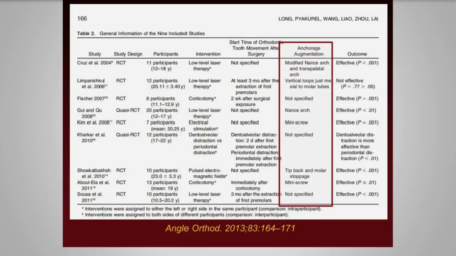Another aspect that you need to look at when you look at any study or set of studies for a systematic review is how the technique itself works. How is the technique presented, and how clear is it how the measurements were made? What is happening here is that there's a question about anchorage. And anchorage in a lot of these studies was not even specified as to what happened with it.